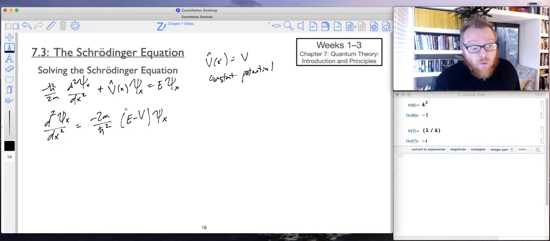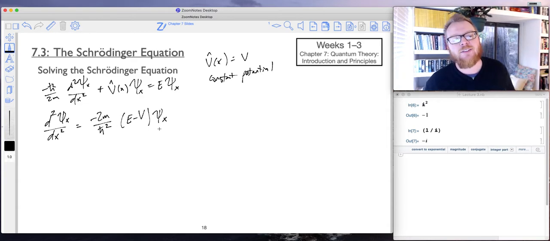Well, look, we're still carrying out all those operations on psi, right? Now, the way that this operation is going to go, it's negative 2m divided by h bar squared times the quantity E minus V operates on psi x. Of course, we would only get that after we take the second derivative of psi x, okay?